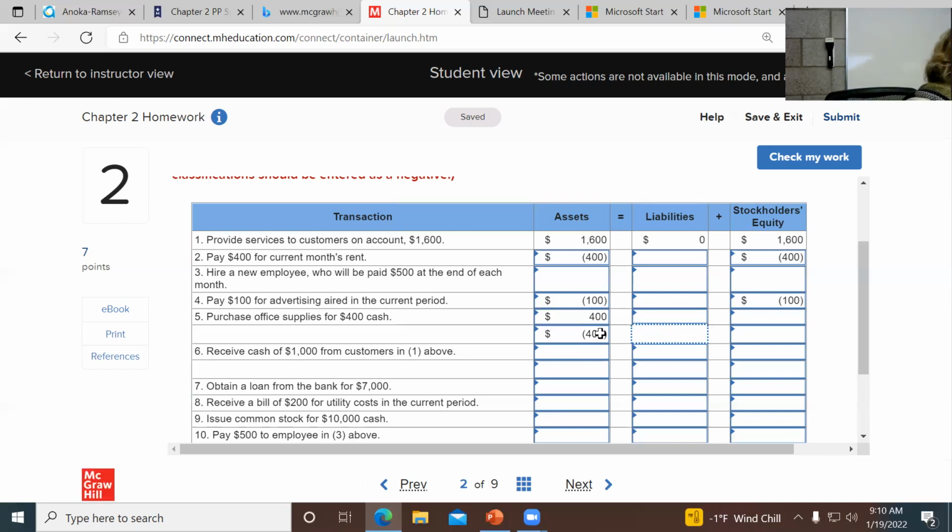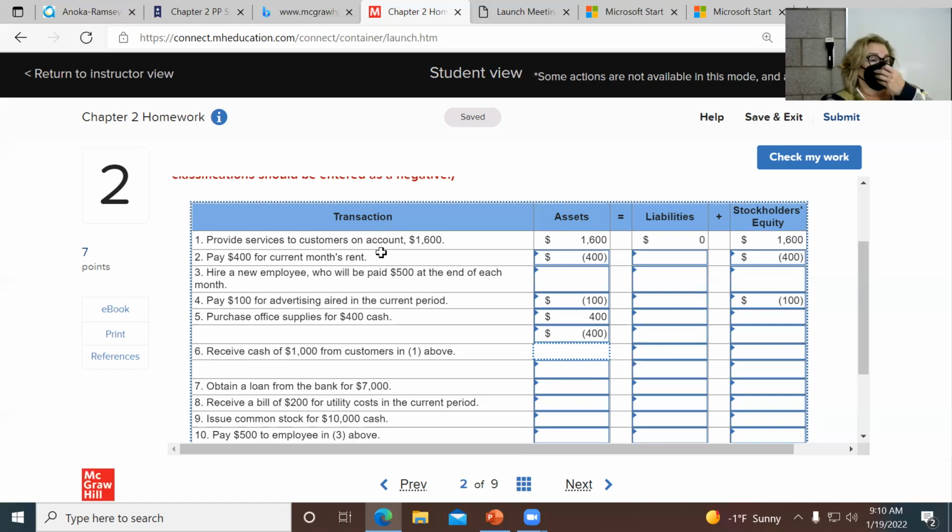Do you see why they gave you those two spots? Because you're not dealing with liabilities and stockholders' equity with that transaction. One's increasing, one's decreasing. Does that make sense?